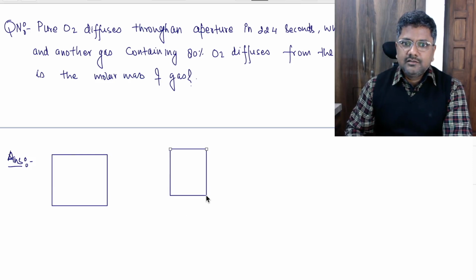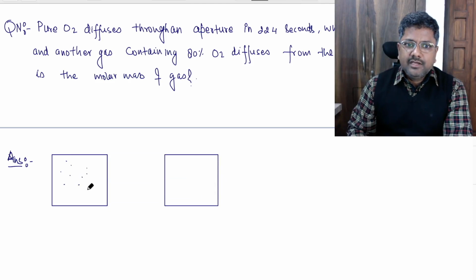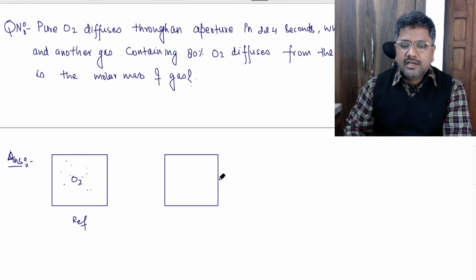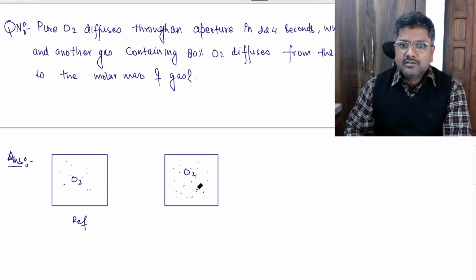and a same size container. In one we have only O2. This is a reference, basically this is a reference, and here O2 and some other gas is also present, let the other gas be A, right? A gas, and this is oxygen gas.